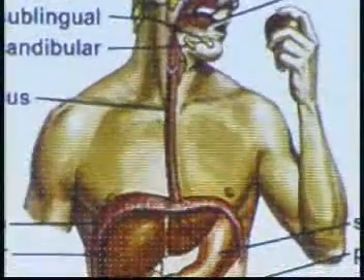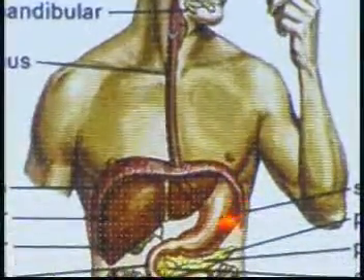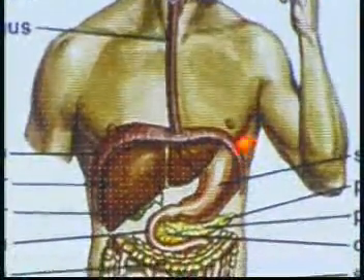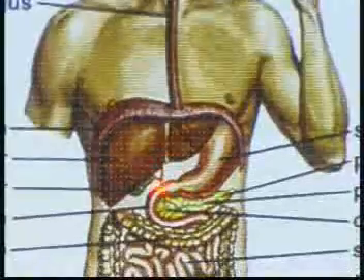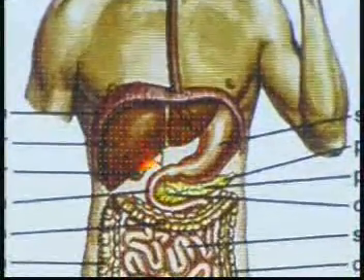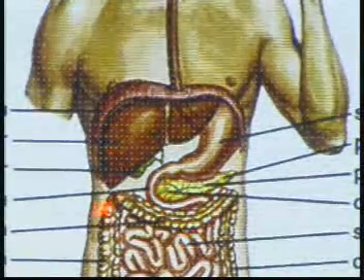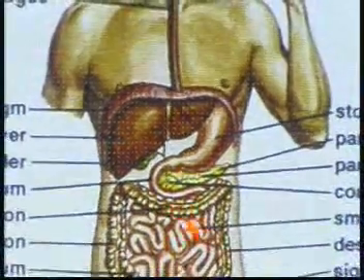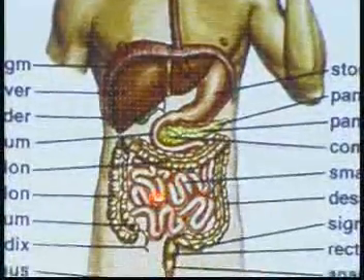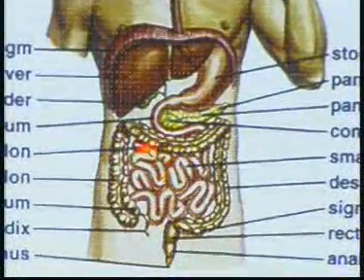Stomach is lying on the left hand side of the abdominal cavity. The stomach leads into the first part of the small intestine, that's the duodenum, and this highly coiled structure here are the other parts of the small intestine, the jejunum and the ileum.